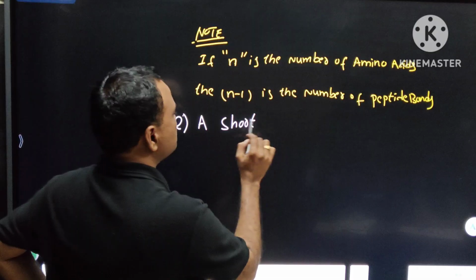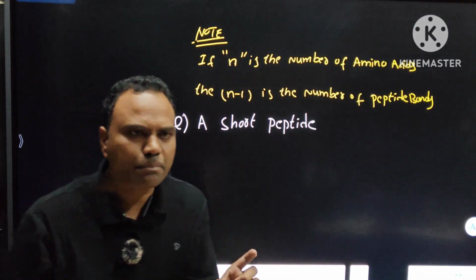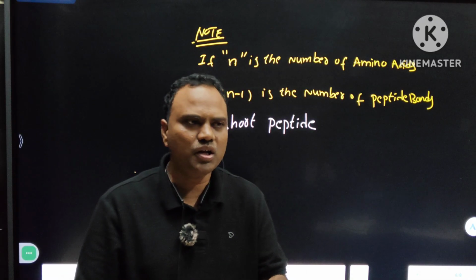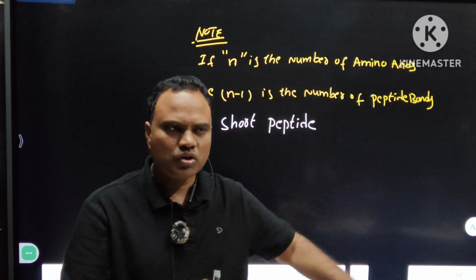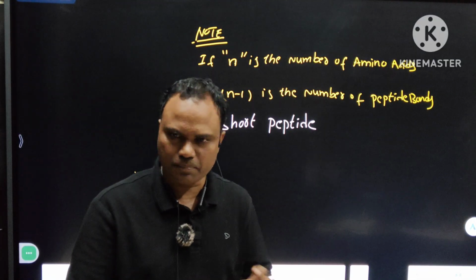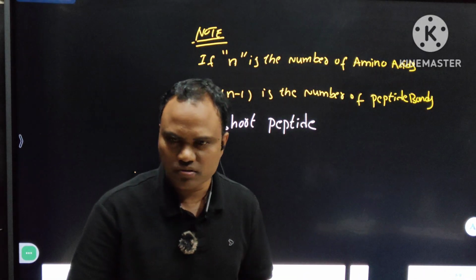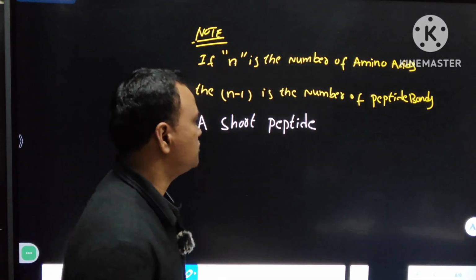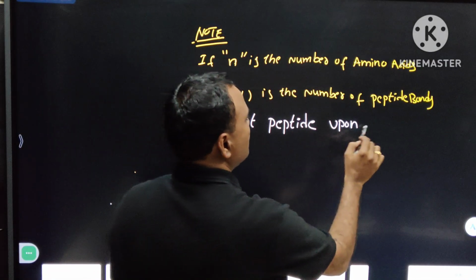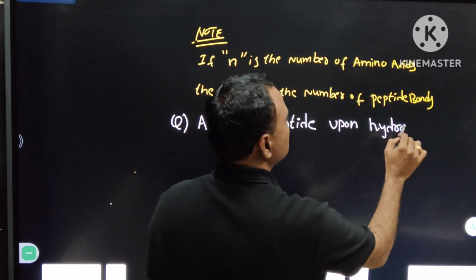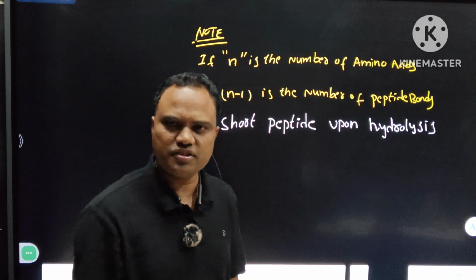Answer this question. A short peptide, again don't get confused. Peptide means it is a polymer of amino acids containing peptide bonds. Peptide is a macromolecule formed by amino acids. A short peptide upon hydrolysis: when we do hydrolysis, the peptide bond will break and we get amino acids back.